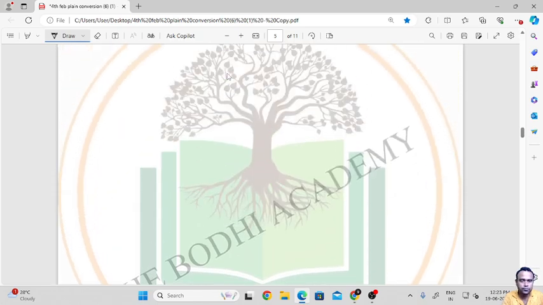So this is the sun. The sun is giving sunlight. These are trees. These are herbivores.